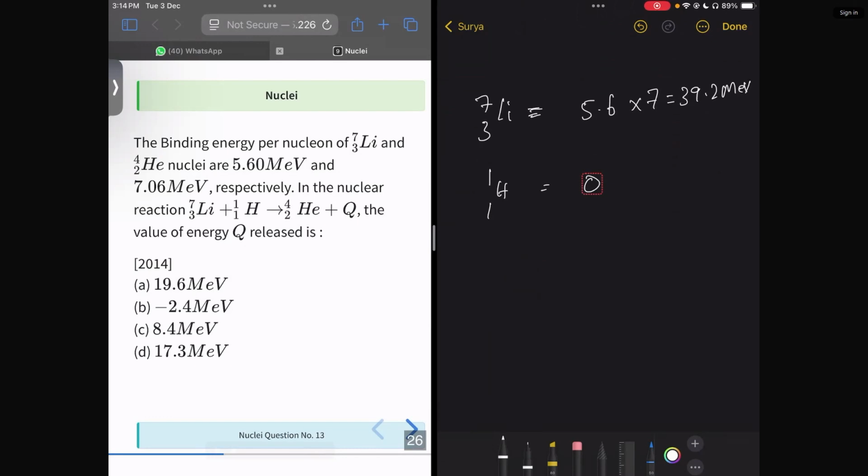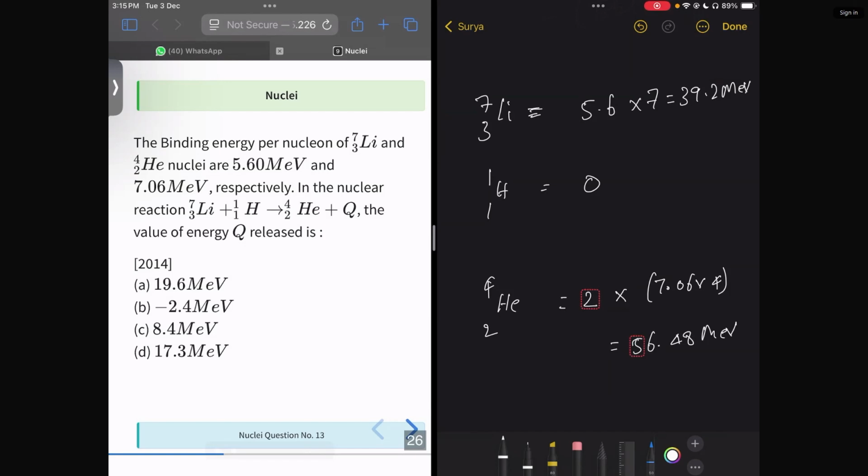These two are the products, helium. So the helium binding energy will be, 2 heliums are there, 2 into 7.06 into 4. It will be 56.48 million electron volts.